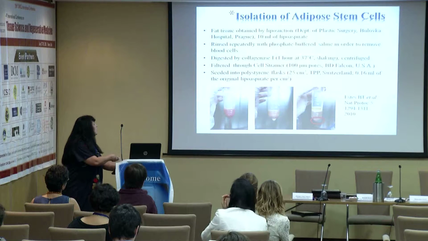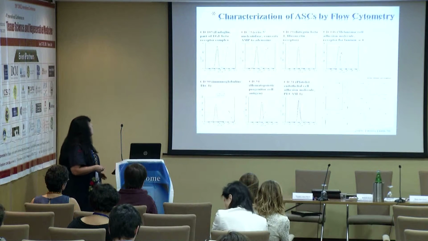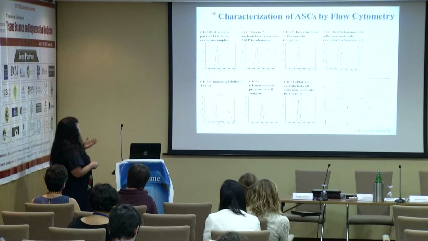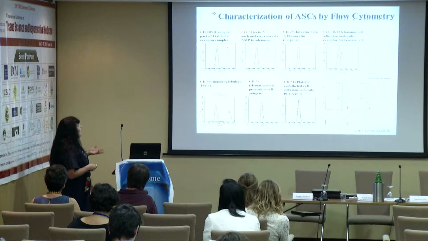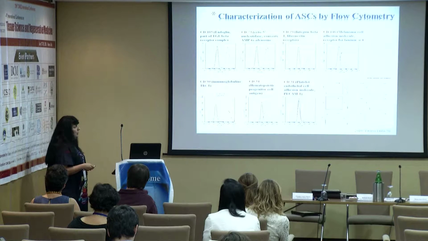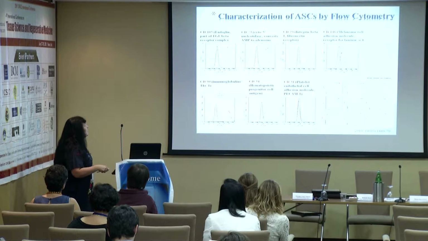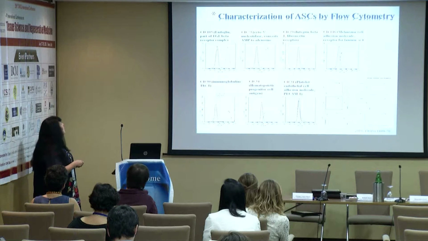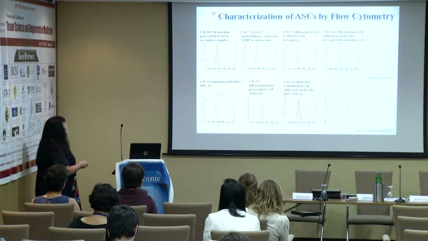You can see stem cells, and now it is necessary to characterize stem cells by flow cytometry. Specific markers are available in the literature. These markers include, for example, clusters of differentiation.